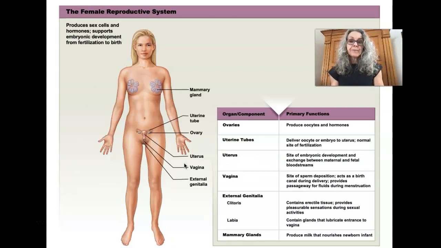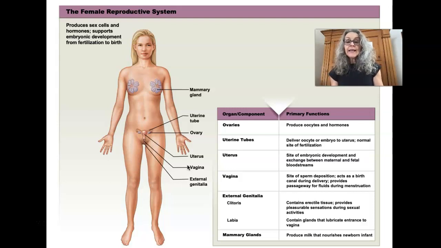On the interior of the female, you have the vagina, which is connected to the outside, otherwise known as the birth canal. This is where the penis is inserted during intercourse, and sperm are ejaculated into the vagina. The uterus is where the sperm would travel next, and also where a growing embryo and fetus would live.